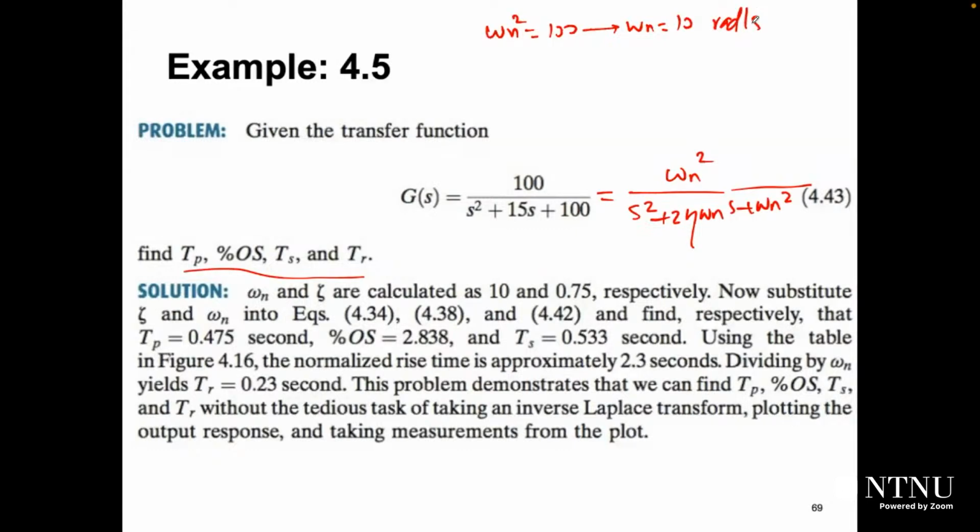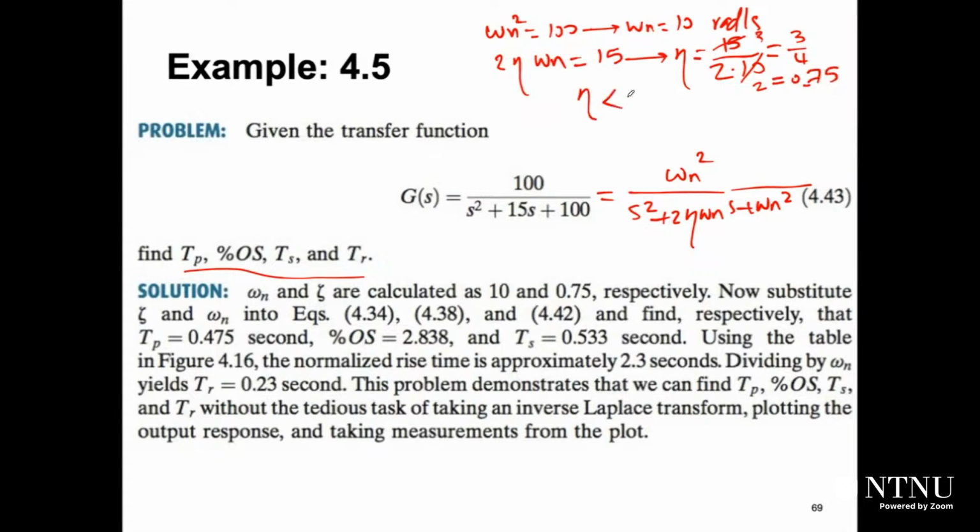We got the natural frequency. 2 zeta omega n equals 15. So in this case, zeta will be 15 divided by 2 times omega n, which is 2 times 10. So it will be 15 divided by 20. Simplify, divided by 5, it will be 3 divided by 4, which is 0.75.